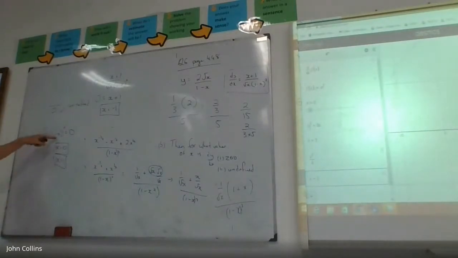So when x is negative 2, it'll be 9 times 2i. Yeah. So 18. The slope is imaginary.